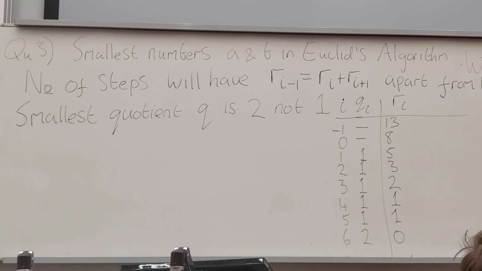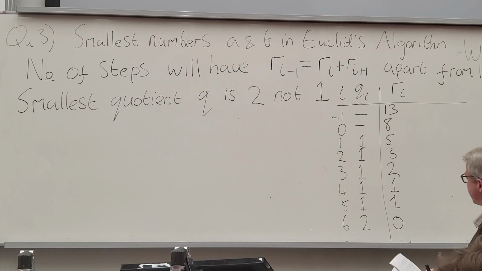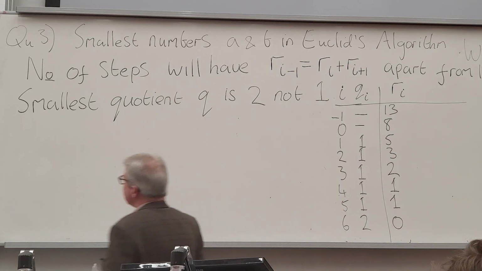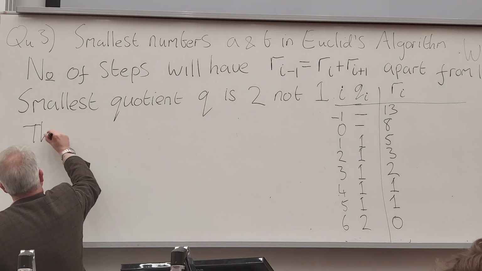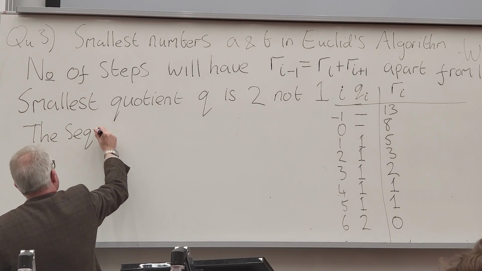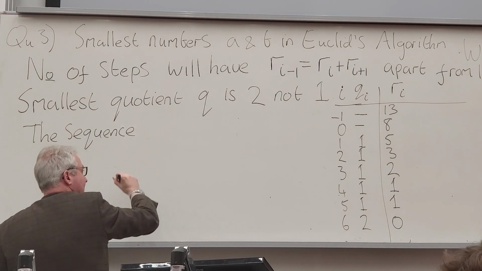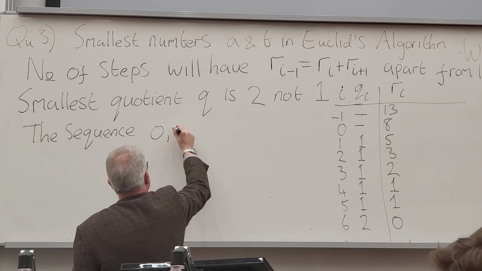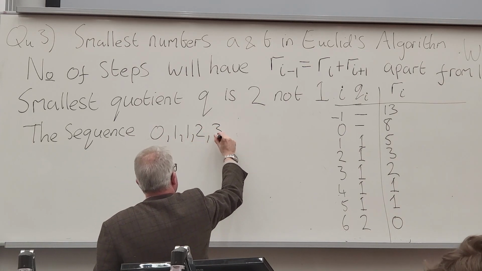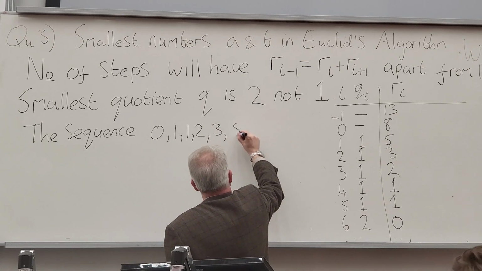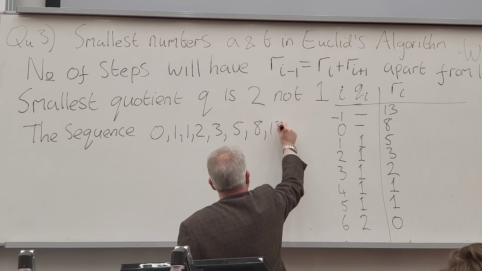Okay, so let's draw our table over here. Actually, I don't need to go across there, do I? Because let's say we have the I column, the Q_i column, and the R_i column. And we can generate this because we're saying, well, the Q_i are all 1 apart from the last one, which is 2.